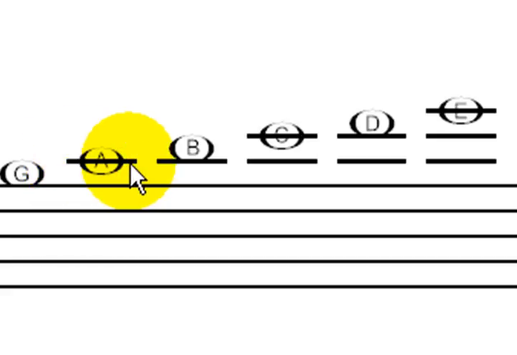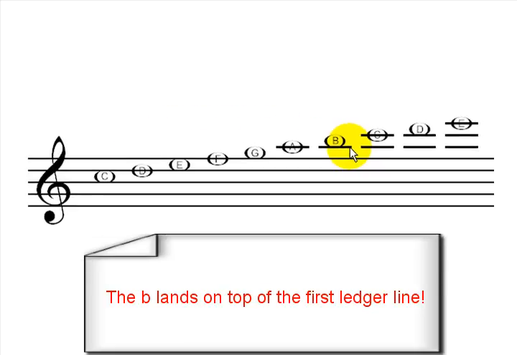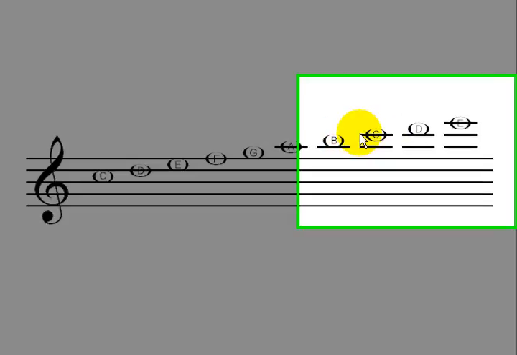Well, the next note following the alphabet is B, and the B goes on the top of this first ledger line. And then we have the C. It has 2 ledger lines.